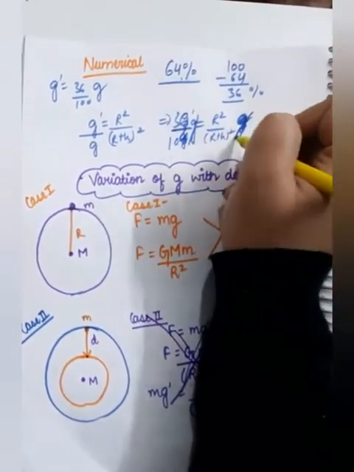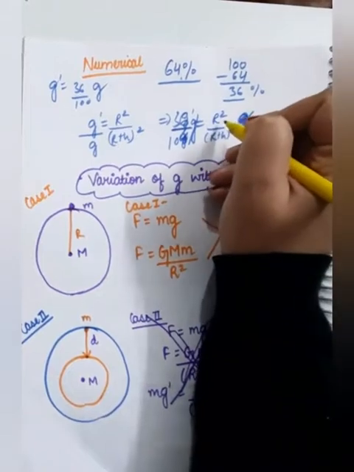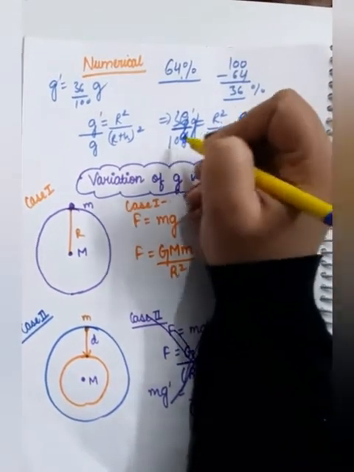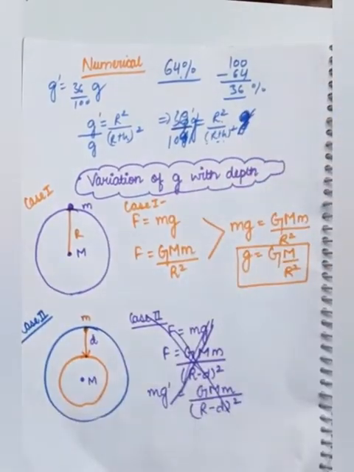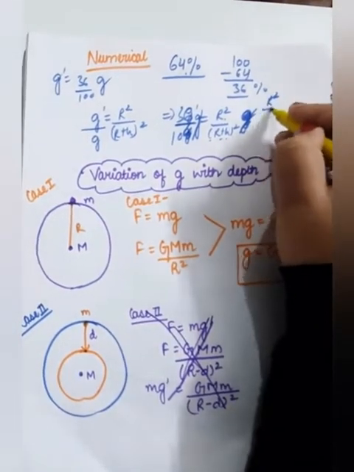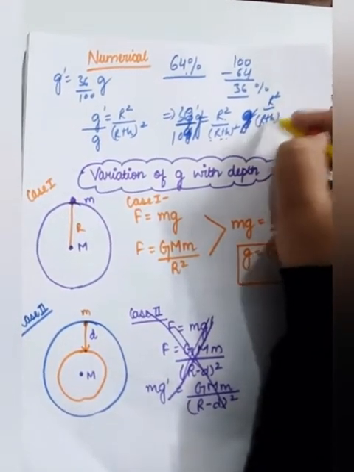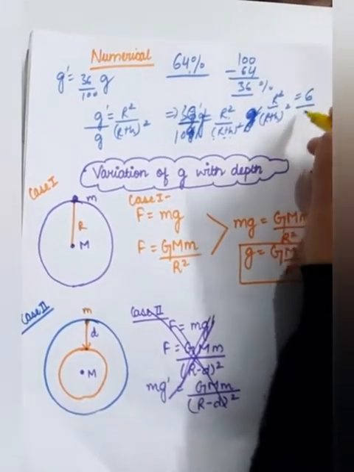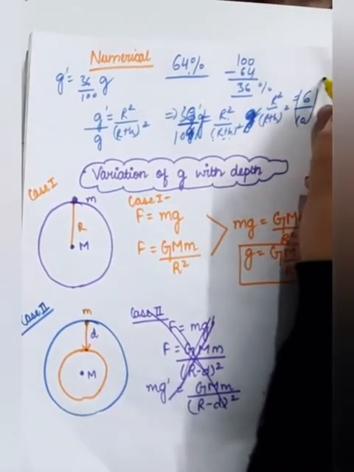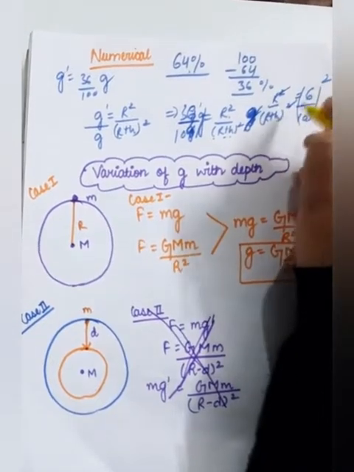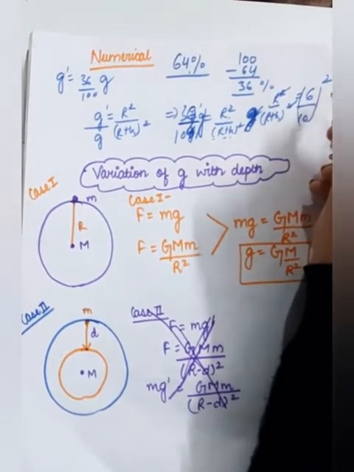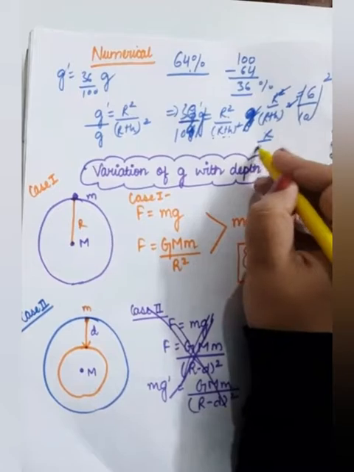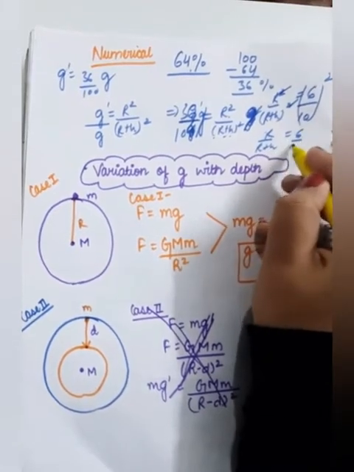And this g and g will cancel each other. You're going to get R²/(R + h)² = 36/100, which we can write as (6/10)². Now these squares can be cancelled. Taking the square root of both sides, you're going to get R/(R + h) = 6/10.